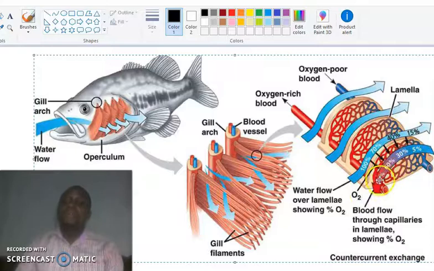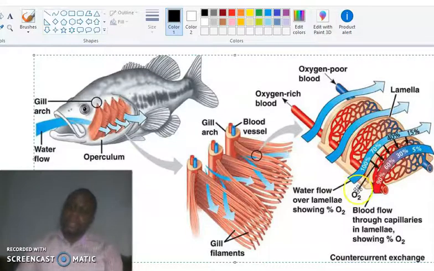This type of movement, where fluids flow in opposite directions, is called counter-current flow. The purpose of counter-current flow is to maintain a concentration gradient, hence facilitating gaseous exchange to take place.